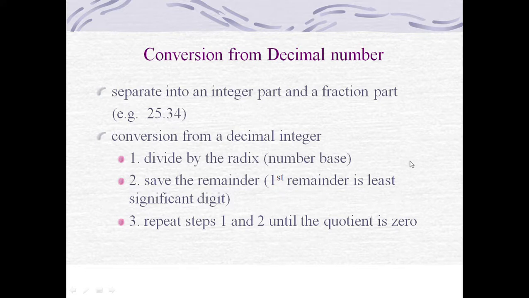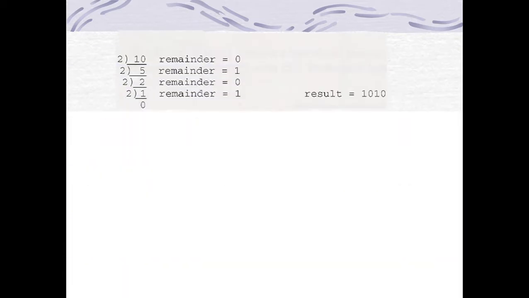So to understand this procedure, let me include an example of converting a decimal number to any other number system. Let's suppose we have to convert the number 10, which is given in the decimal system, to an equivalent number in binary. In the binary system, the base or the radix is 2.